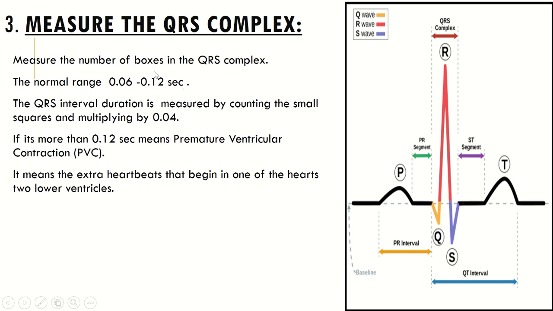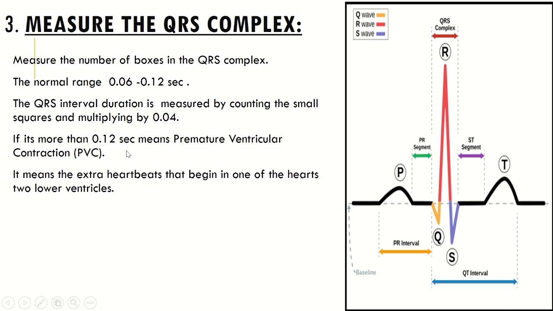The QRS duration is measured by counting the small squares and multiplying by 0.04.